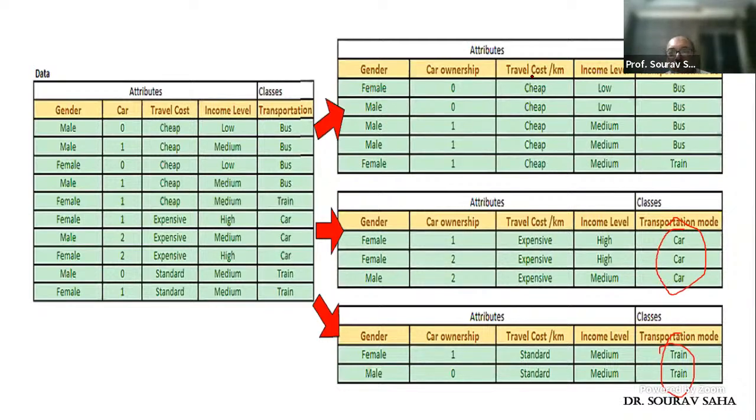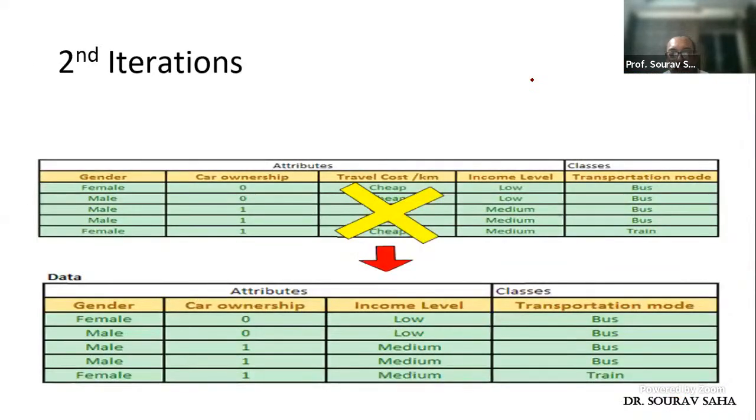Only travel cost cheap is where I need to work further. So here are my attributes right now: gender, car ownership, and income level. And this is the output class. I don't need to take the other 5 because they have already become homogeneous. I don't even need to consider them.